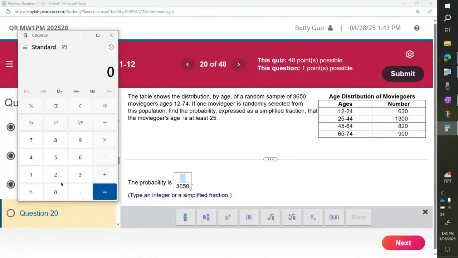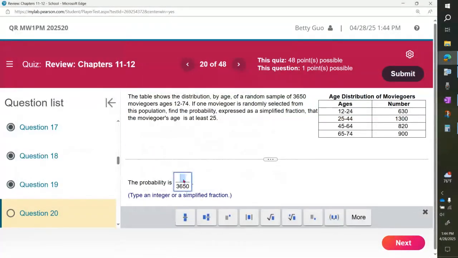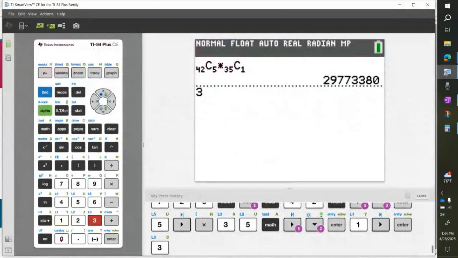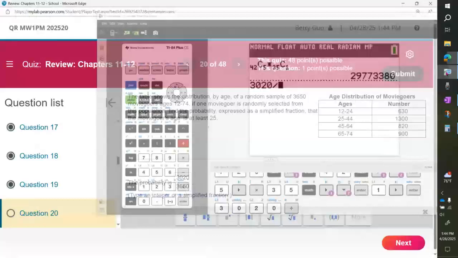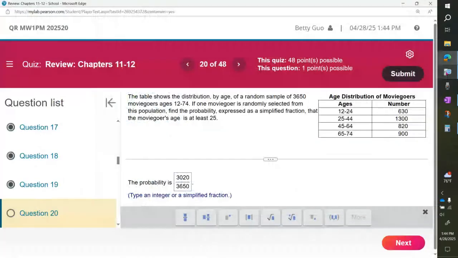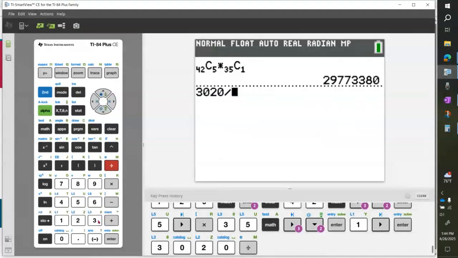So we're going to add 1,300 with 820 and 900. That's how many people at least 25 years old. 3020. 3020. Let's use a calculator to simplify. 3020 divided by 3650.